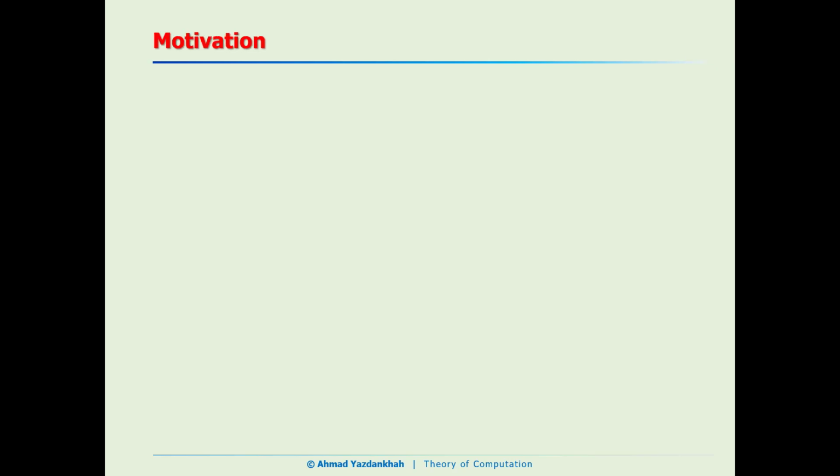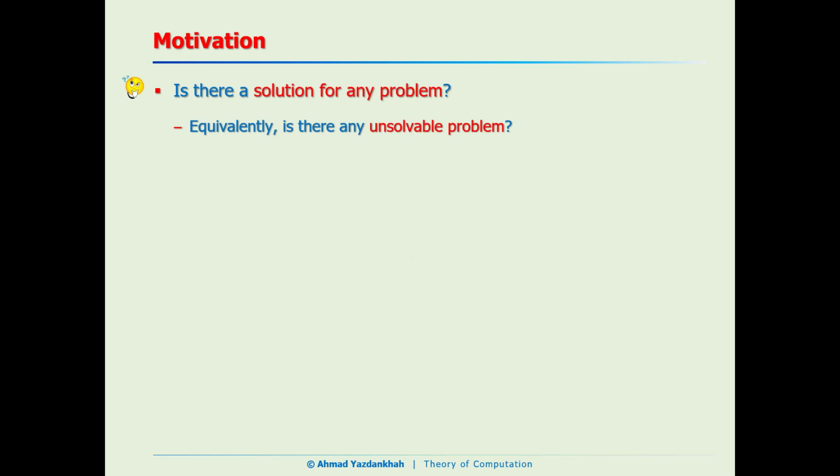As usual, we need to know why this topic is important and why we should learn it. Let's start with this important question. Is there a solution for any problem? Or, in other words, is there any unsolvable problem?